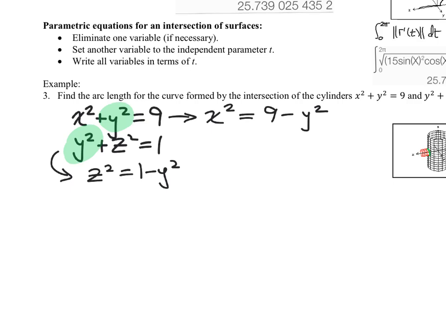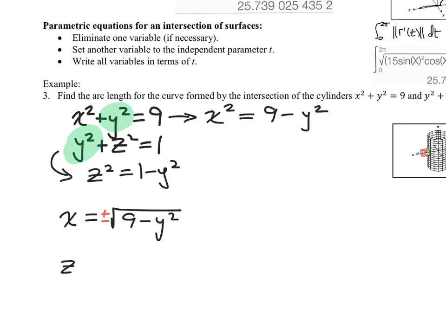But if these two equations are defined in terms of y, then that seems to be the path that I would want to follow, because what I can do is say that x, not x squared, but x is equal to the square root of 9 minus y squared. Now technically it's plus or minus.